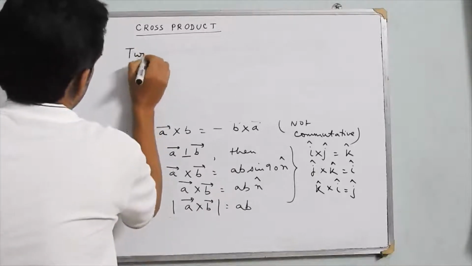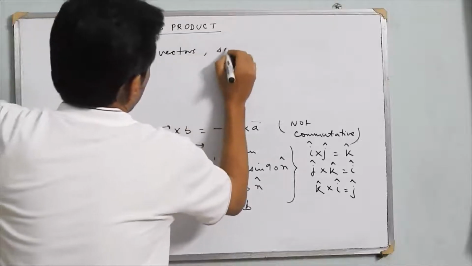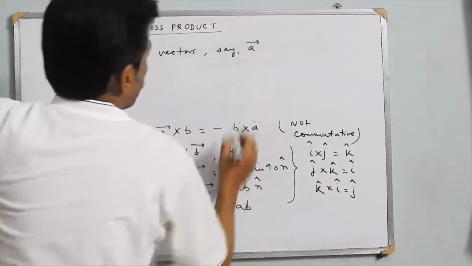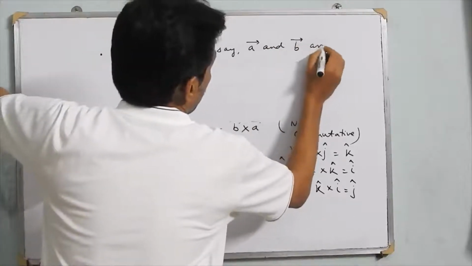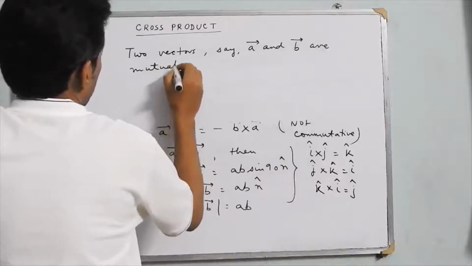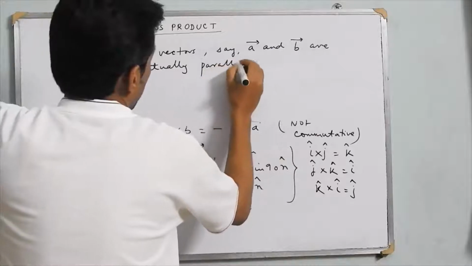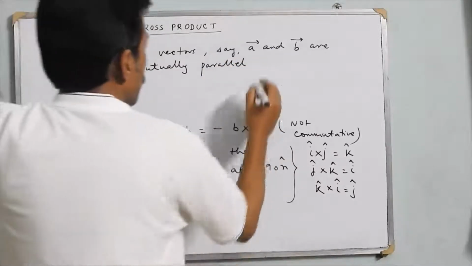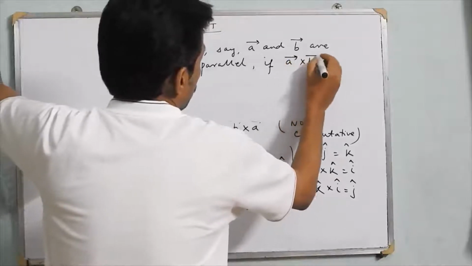Say A vector and B vector are mutually parallel, that means they are indeed parallel only if their cross product is 0.